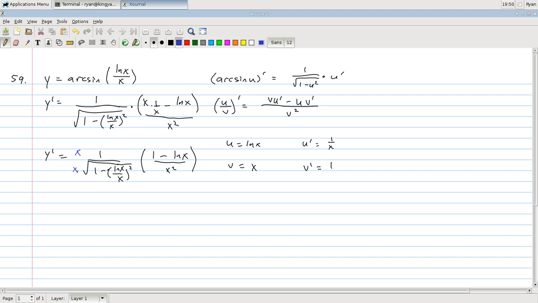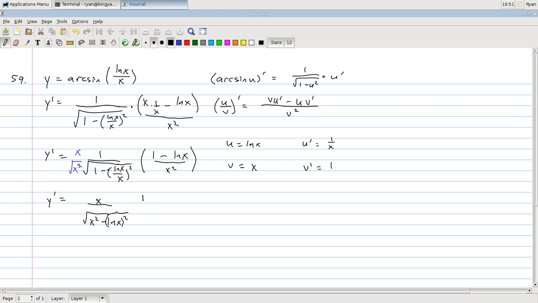When we do this, if we multiply this x through in the denominator, we first need to have this inside of a square root. So x is the same thing as the square root of x squared. So when we distribute this through, in the numerator we've got an x. In the denominator, x squared times 1 gives us x squared. On the second piece, the x squared outside multiplies and cancels with the x squared inside, so we've got minus ln x squared.